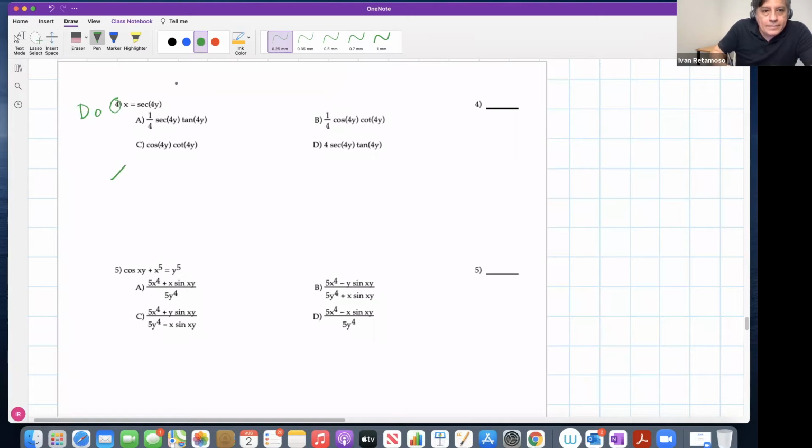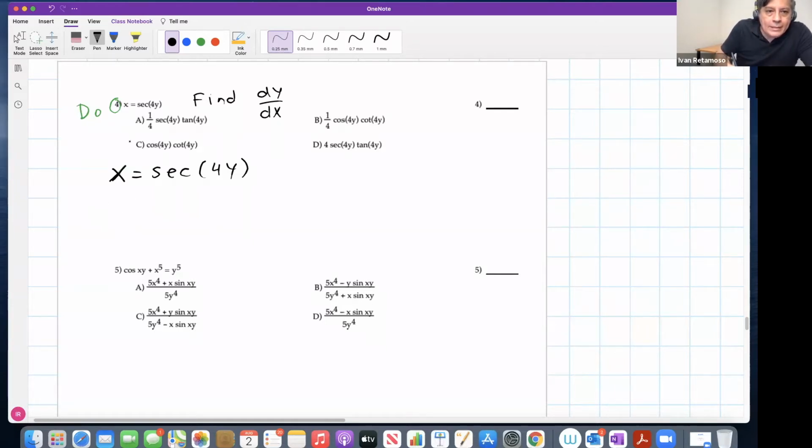x equals secant of 4y. Find dy dx. The function is an implicit function, it's inside this equation.